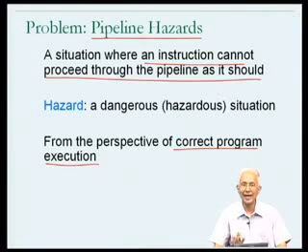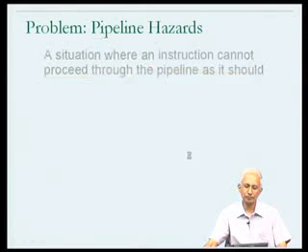So this is a hazard that one has to worry about from the perspective of designing the hardware. So the term pipeline hazard is of concern to the people who design the hardware. They have to make sure that programs run without these hazardous situations resulting in incorrect program execution. Correct program execution is essential. Otherwise, the processor is not doing what the programmer intended his instructions comprising his program to do.